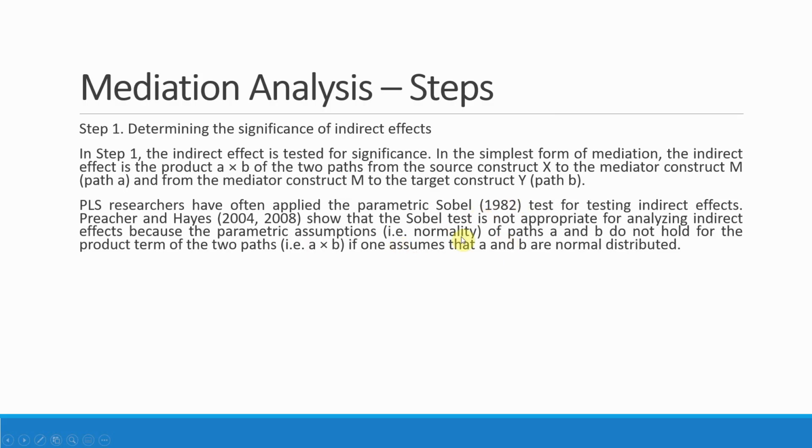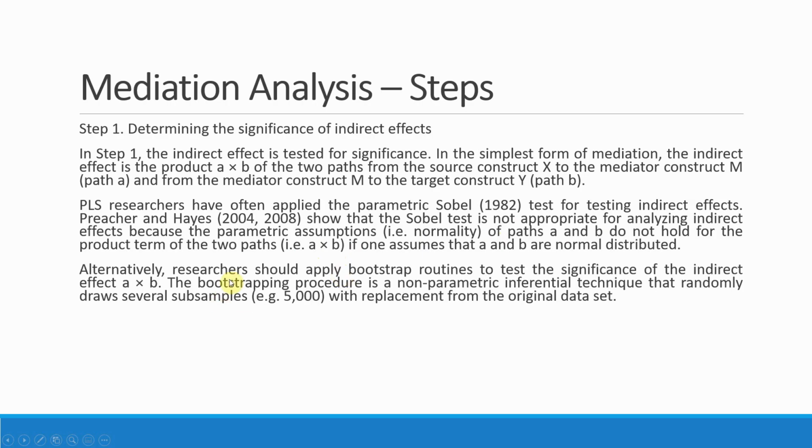The reason being that the Sobel test assumes normality, but in the case of PLS you cannot test or assume normality for the indirect path. Alternatively, researchers should apply bootstrap routines to test the significance of the indirect effect A into B. The bootstrapping procedure is a non-parametric inferential technique that randomly draws several subsamples, based on your sample, with replacement from the original data set.